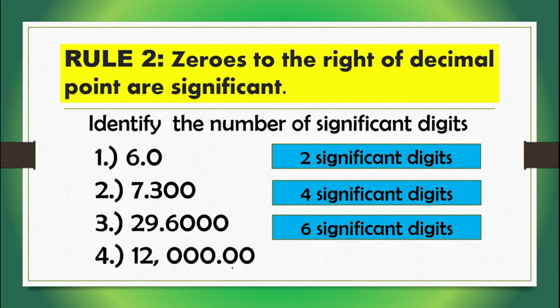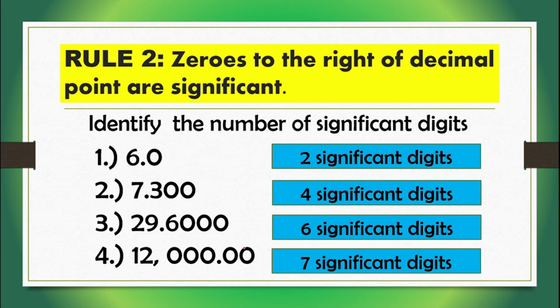However, there are also zeros on the right side of the decimal point. And these zeros are still significant, which means these zeros on the left side are part of the significant digit. So if we count them, we will have 1, 2, 3, 4, 5, 6, 7 significant digits.